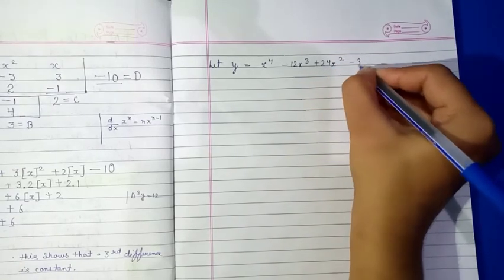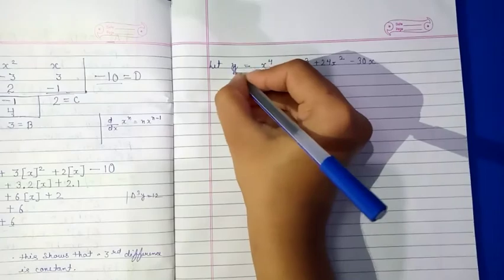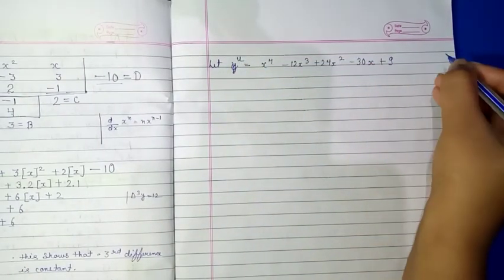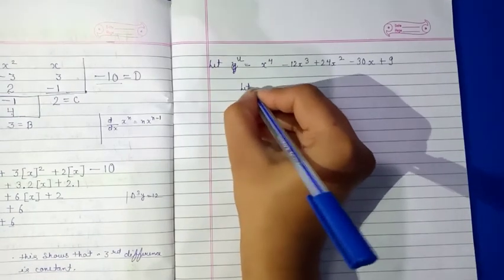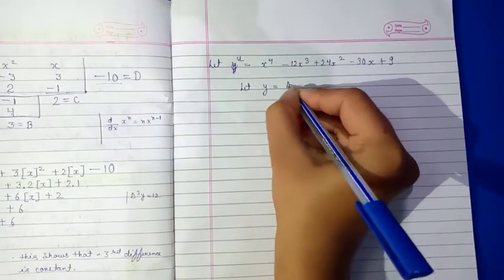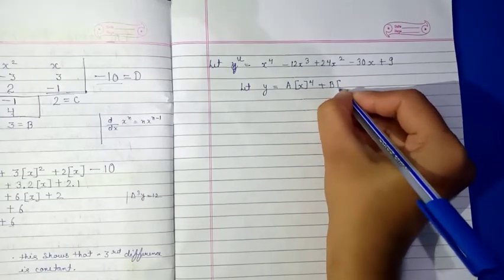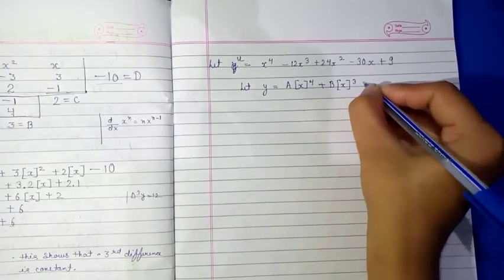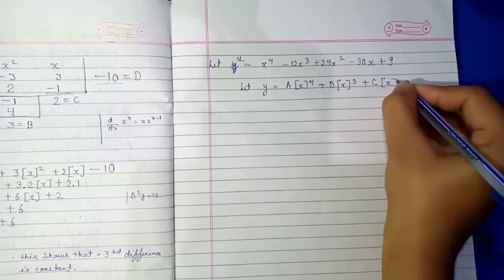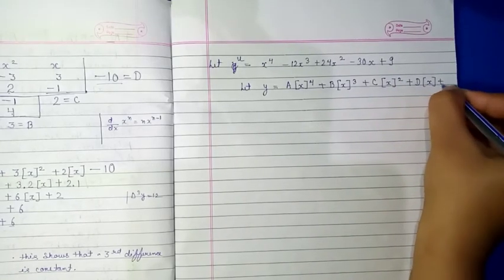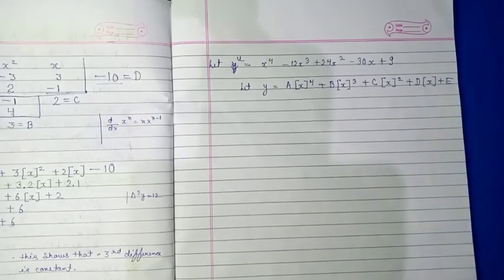This is our question here, it is u equal to this plus 9. So let y equal to a factorial x to the power 4 plus b factorial x to the power 3 plus c factorial x square plus d factorial x plus e. So this is our question.